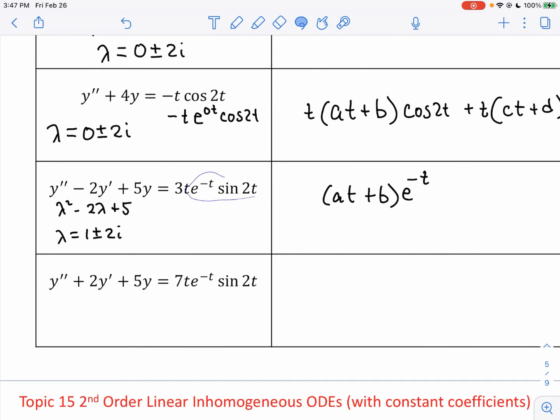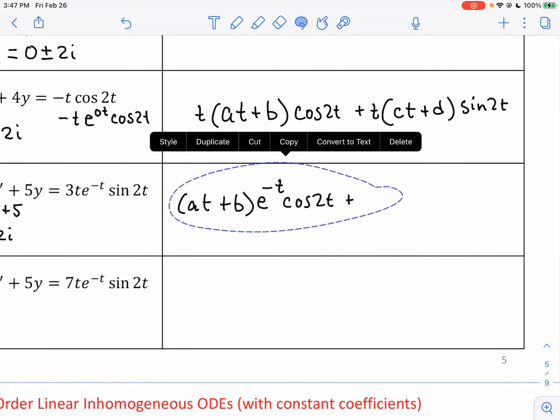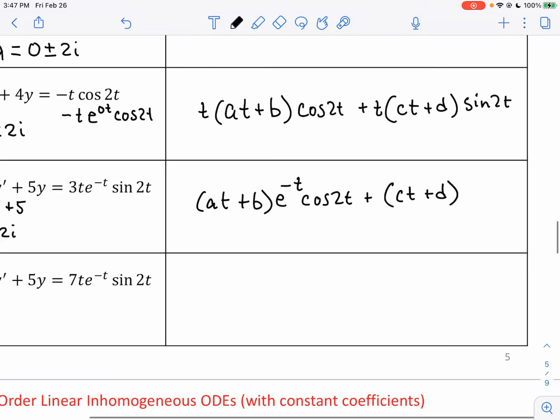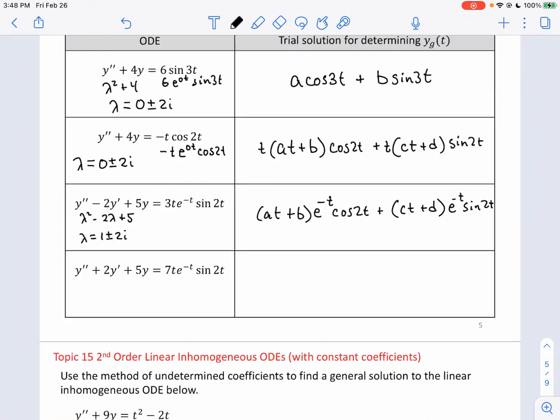So make sure your a's and b's are coming from the forcing function, not from your roots. And then times a cosine of 2t, and then plus another arbitrary first degree polynomial, ct plus d, times e to the at times sine 2t. And this is our trial function.